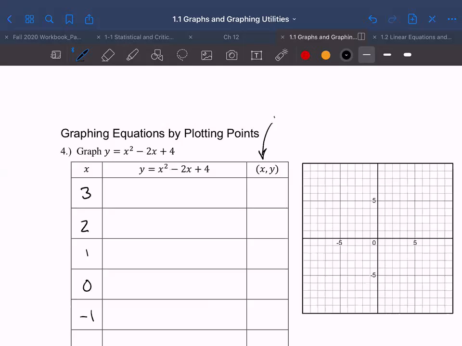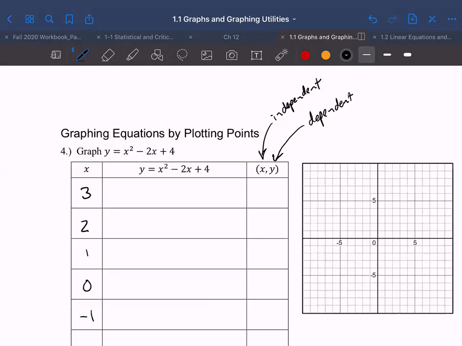So we pick the independent variable, and then y will depend. Is it ENT or ANT? I can't remember. I'm not a great speller. It'll be the dependent variable. It depends on what independent variable you pick.